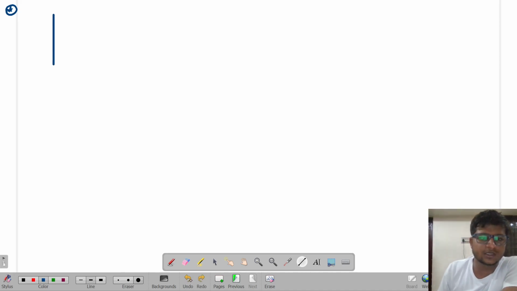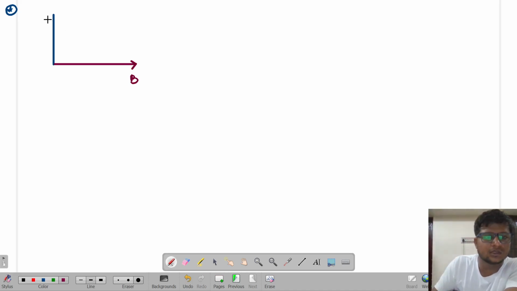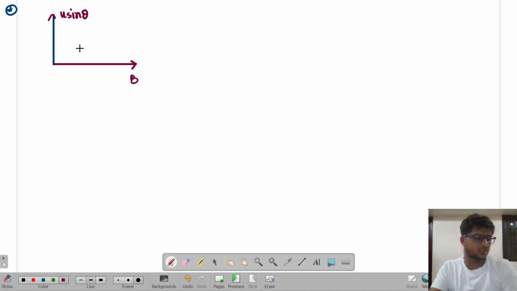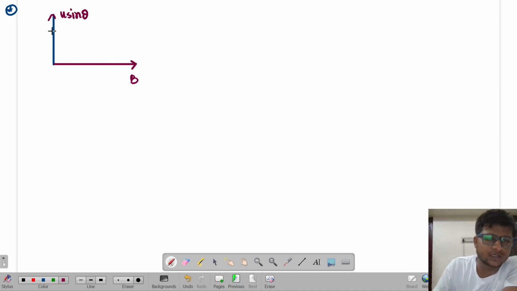Let's suppose this is my magnetic field, and this perpendicular velocity component is u sin theta, u or v, whichever you want to follow. So you can look over here: the velocity is along which side? J cap. The magnetic field is along which side?